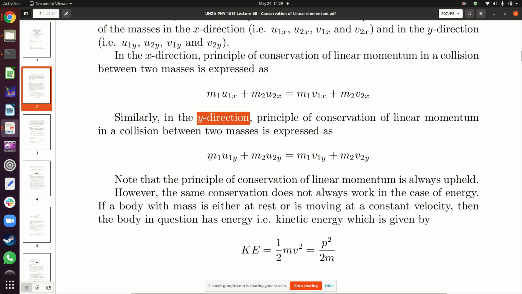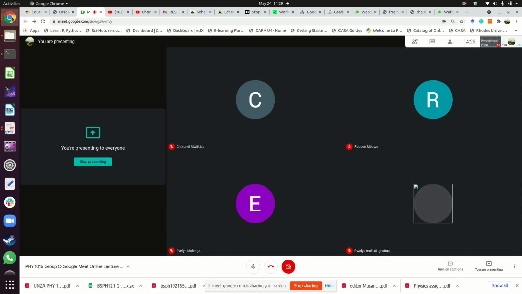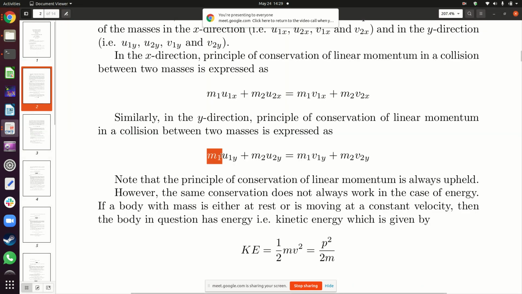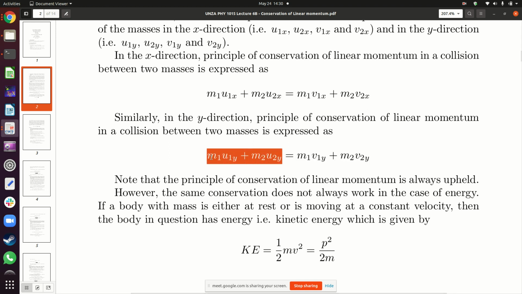So in this case, we have m1, the mass of the object, multiplied by the velocity of the object before collision along the y direction, which is the y component of the velocity u1, u1y, plus mass 2 multiplied by the velocity of the object before collision along the y direction, which is u2y. This gives us the total linear momentum before collision along the y direction.